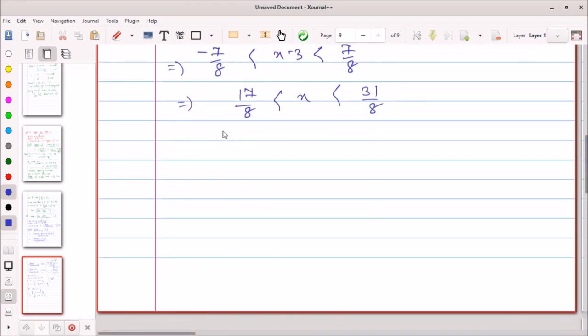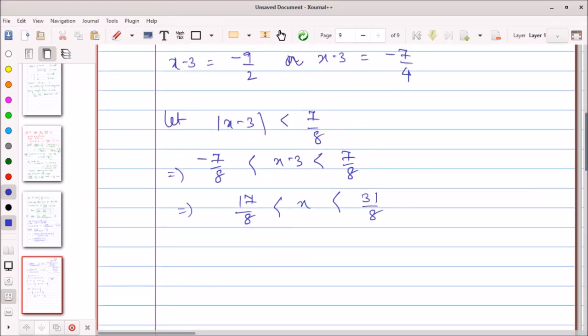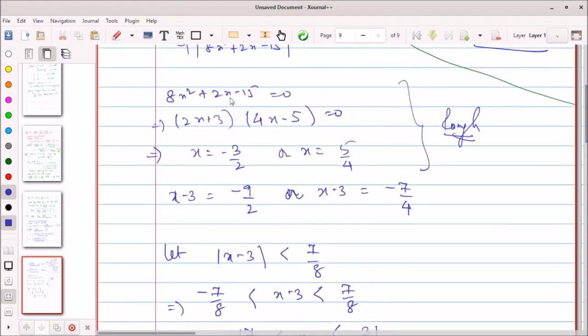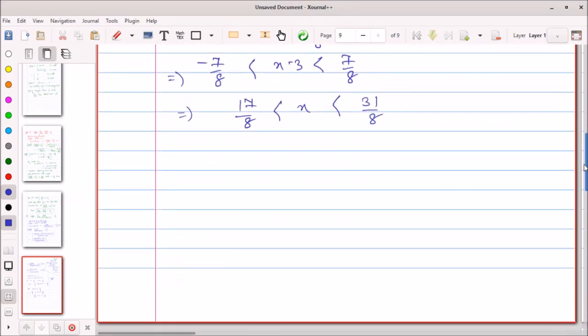So now I want this to be in two forms so that I can multiply them. So this implies 17 by 4 is less than 2x is less than 31 by 4, and 17 by 2 is less than 4x is less than 31 by 2.